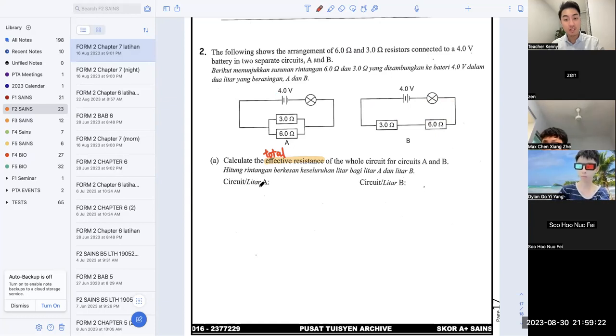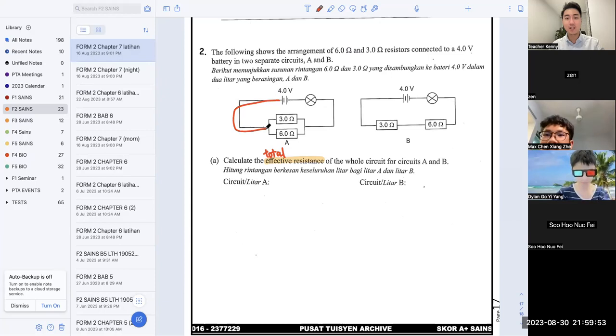So let's start with circuit A first. How to calculate total resistance? First of all, is this a series or parallel circuit? Type S or type P. Is there only one wire or more than one wire? Max, how many wires here?